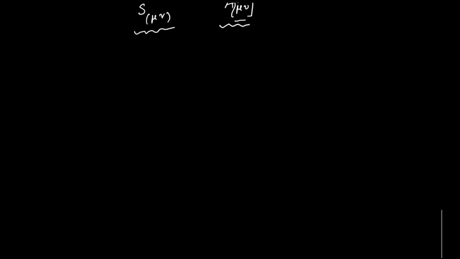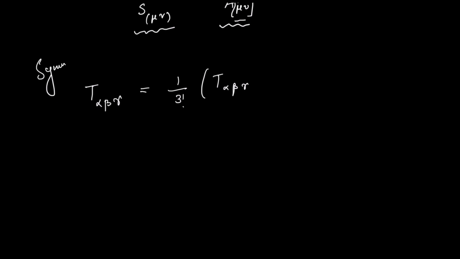Similarly, I can also write for third order tensor T alpha beta gamma. Okay, so one can construct a completely symmetric tensor which is given by 1 by 3 factorial T alpha beta gamma. Okay, so this is a completely symmetric tensor. Therefore, I denote it by a round bracket. That is, this tensor is symmetric with respect to all these three indices, alpha, beta, and gamma.